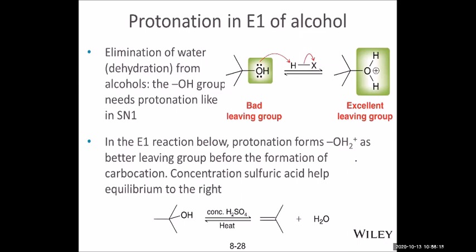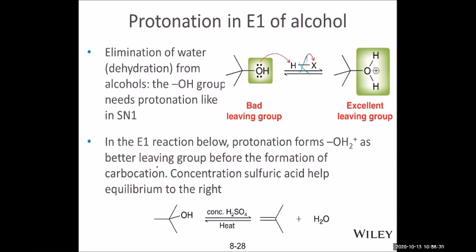But when we have an alcohol, you can see some of the reactions from alcohol form the alkene, the double bond. Again, alcohol is not a good leaving group. It cannot leave by itself to form carbocations. It will not go that direction.